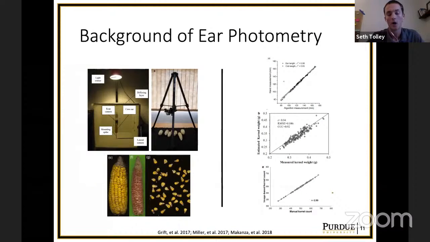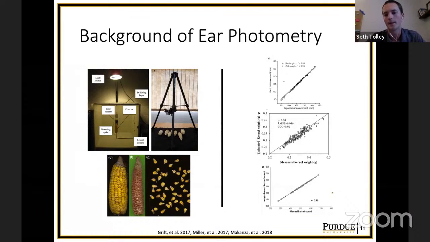But while Pioneer's patent was one of the first to recommend the use of this technology, more recently there have been other universities and public organizations. I believe we have the University of Illinois, Wisconsin, and then CIMMYT, where these 3 publications come from. On the left, you can see different kinds of platforms that they used.